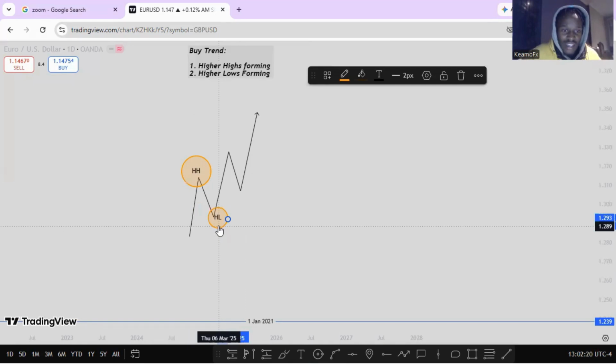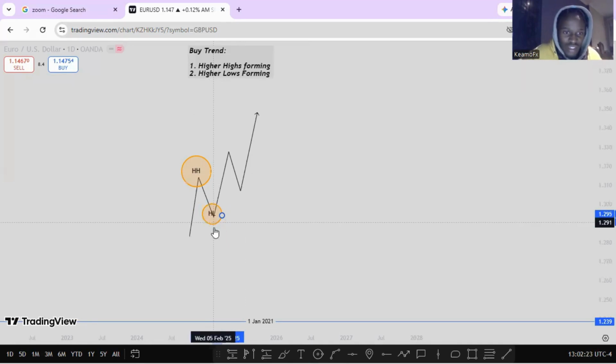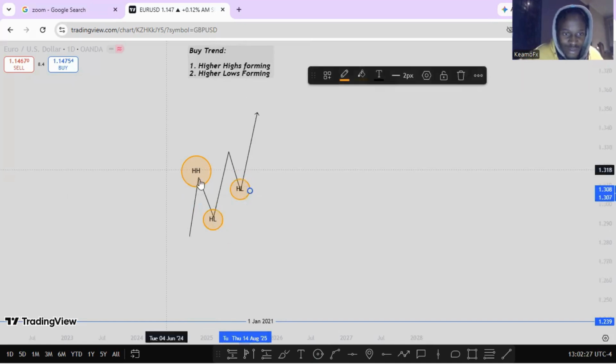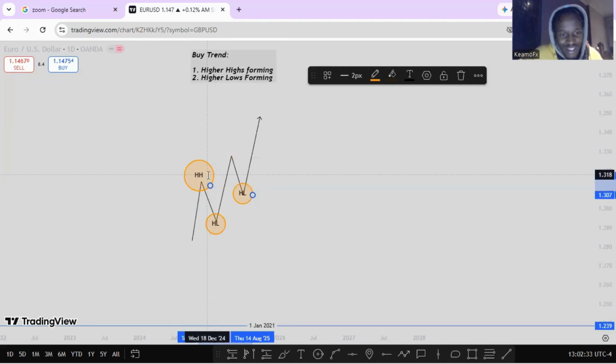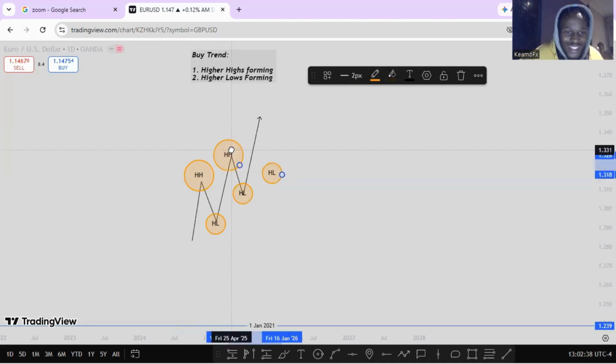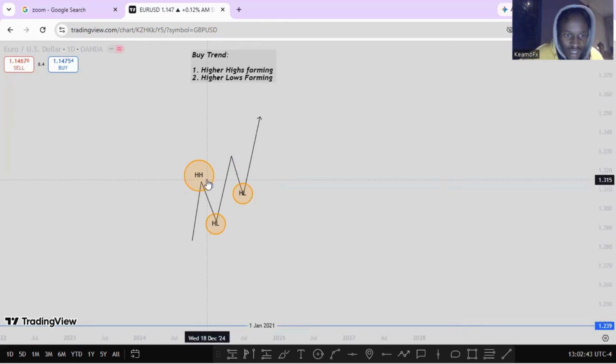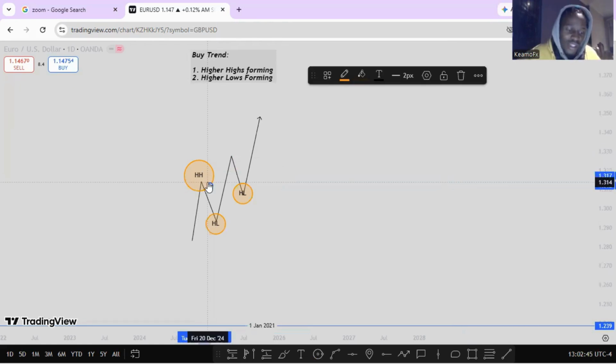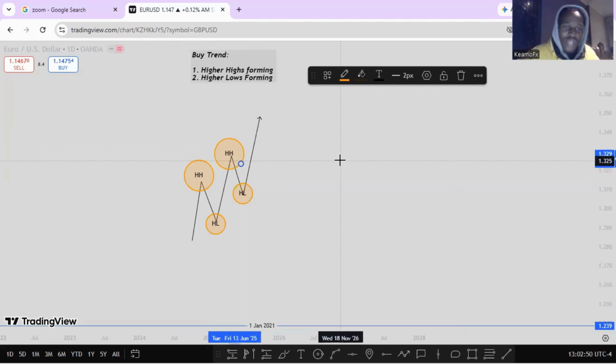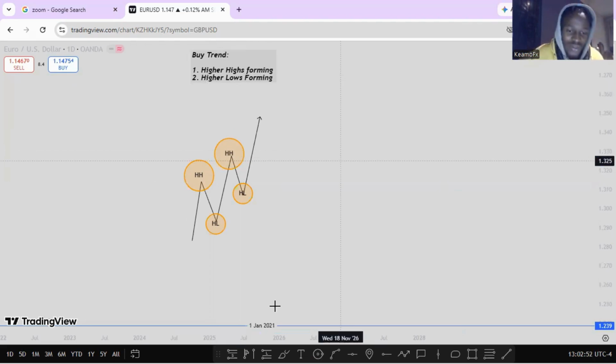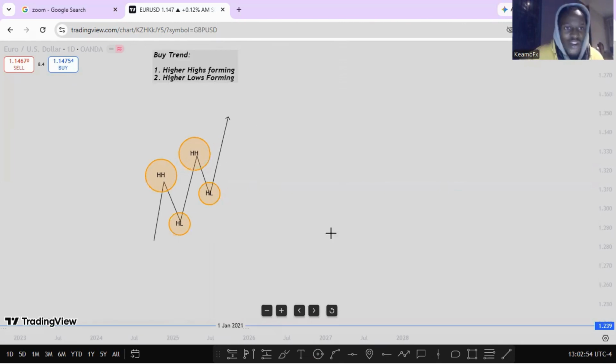Another higher low. Let me not confuse you too much. As you can see, boom. And that's how we determine a buy trend, right? We need to see higher highs and higher lows forming, and this is what it looks like for us.